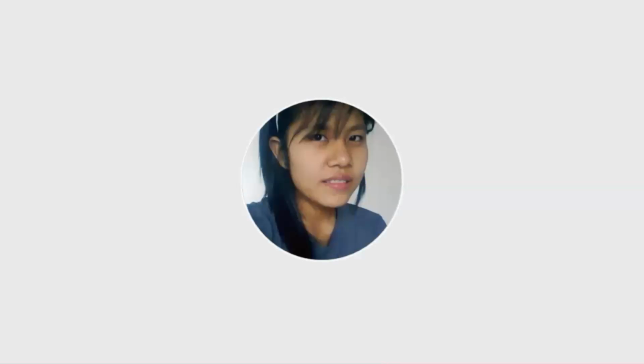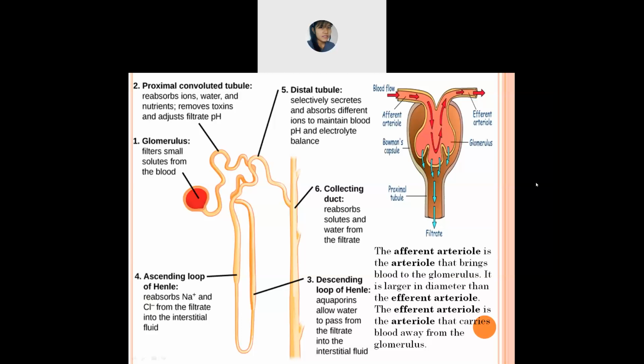And what will happen here in this glomerulus? These glomeruli are tough, cup-shaped structures.